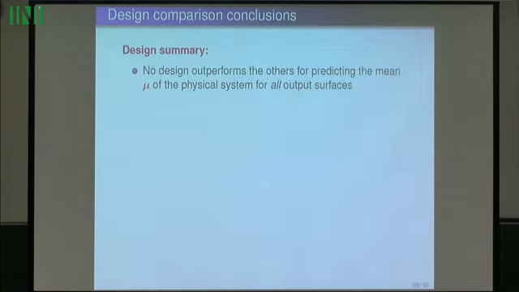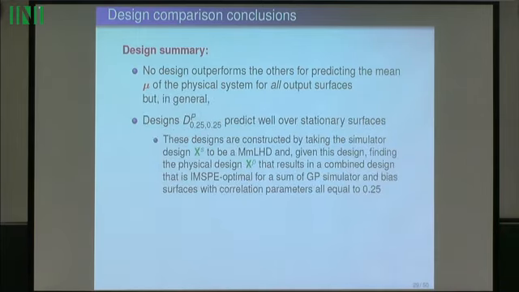Okay, so in general, not surprisingly, no design outperforms any other design, but comparing amongst the designs we looked at, one that looked pretty good was the one where we fixed the simulator design to be a maximin Latin hypercube design.